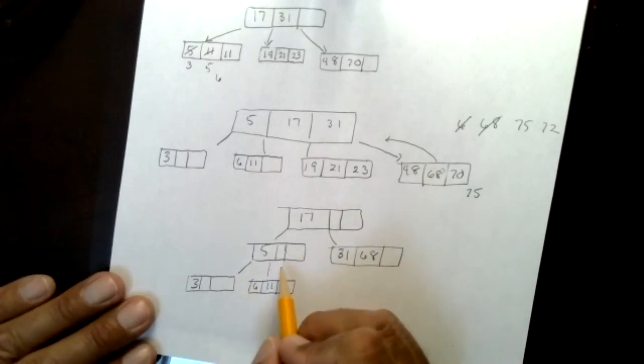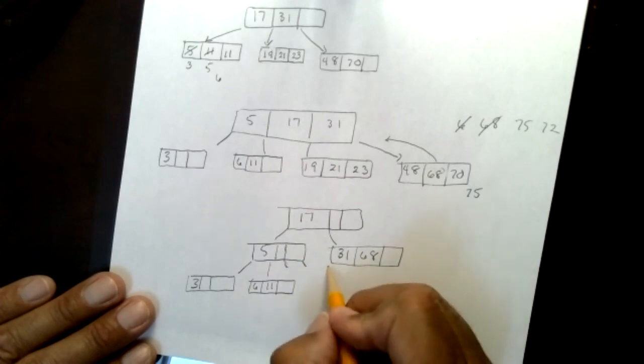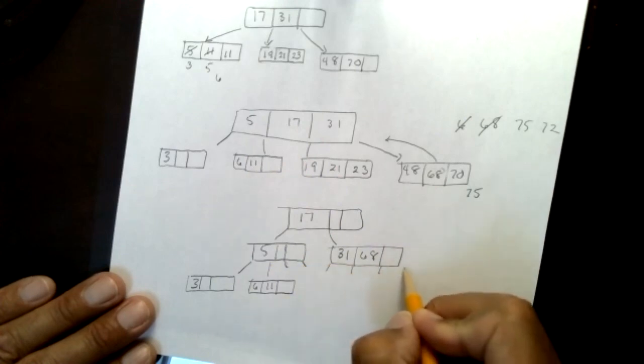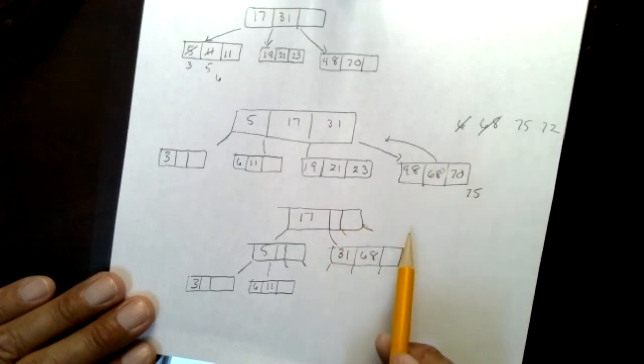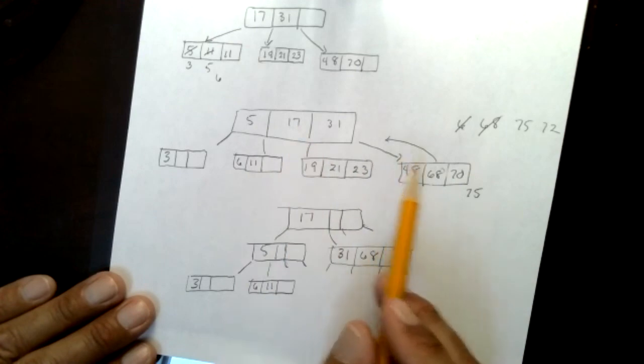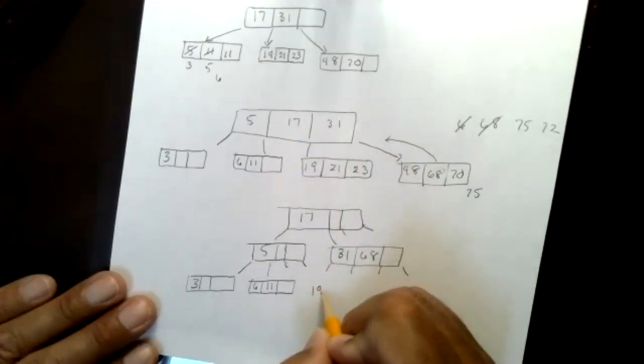Of course, I'd have another pointer coming out, another pointer coming out. I have pointers coming out of here. I'd have pointers coming out of there. Less than the 31 was the 19, 21, and 23.